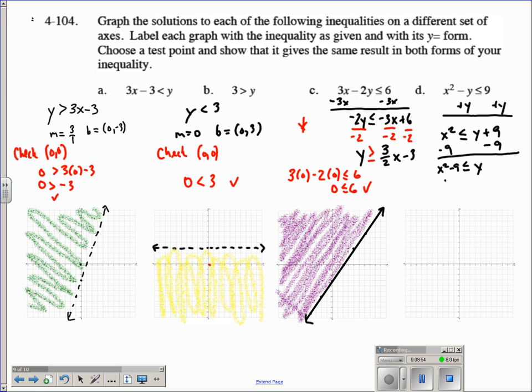And if we rewrite that as y is greater than or equal to x squared minus 9, now we can look at this as graphing from a standpoint that we're more comfortable with. I know here that my a is 1, my h would be 0, and I have negative 9 as my k, which means that that's going to be our y-intercept.